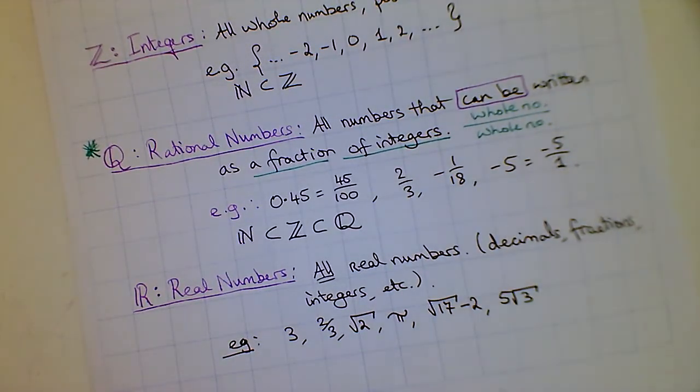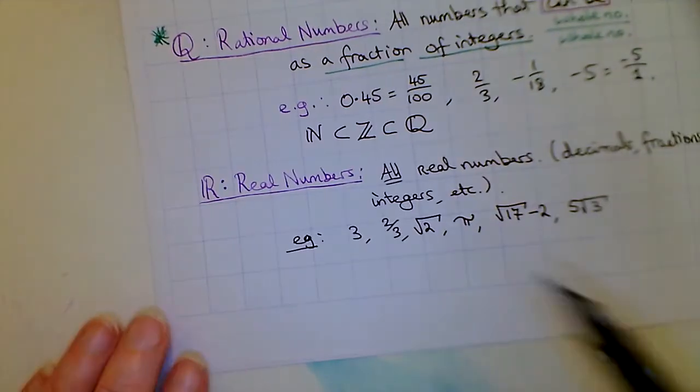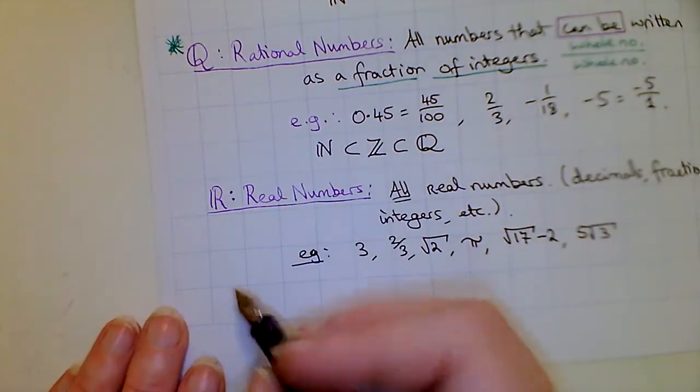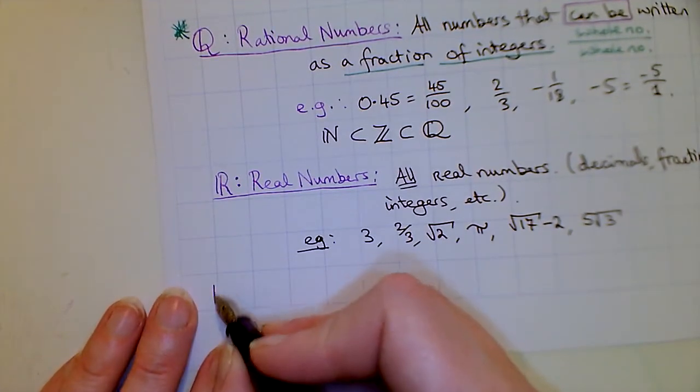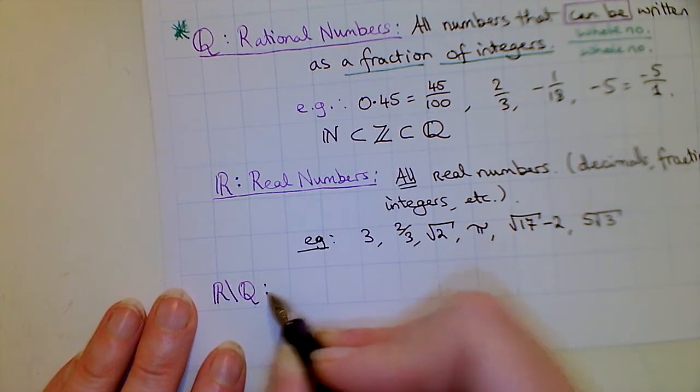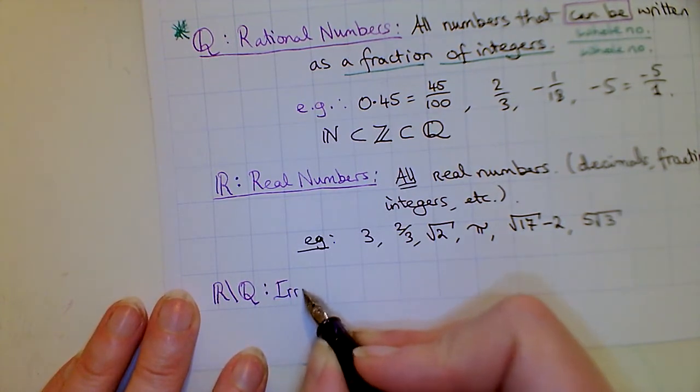But finally, we want to talk about this set that we wrote up here. Decimal numbers that can't be written as fractions. And this set doesn't have a letter of its own. It's R less Q, and we call them the irrational numbers.